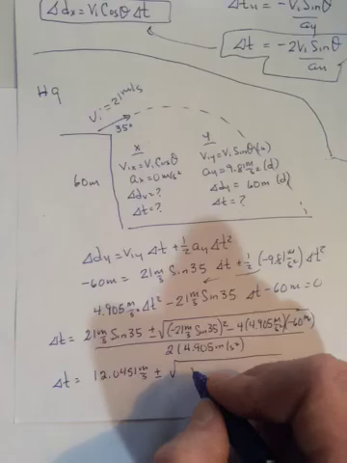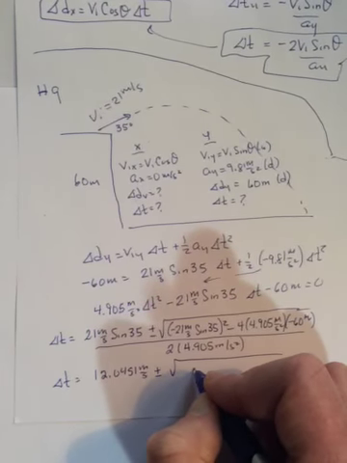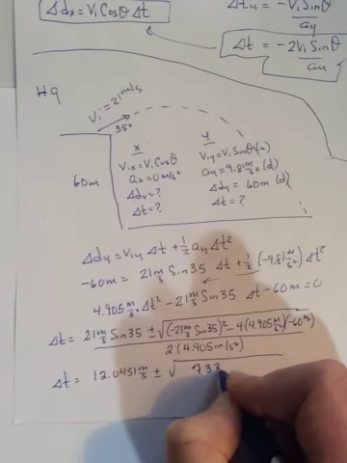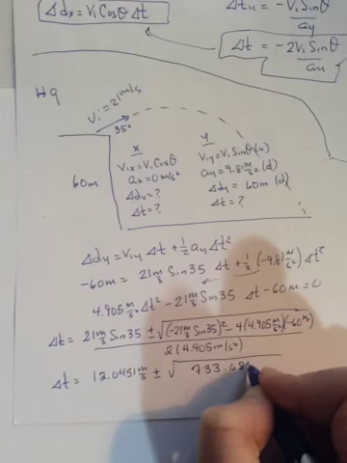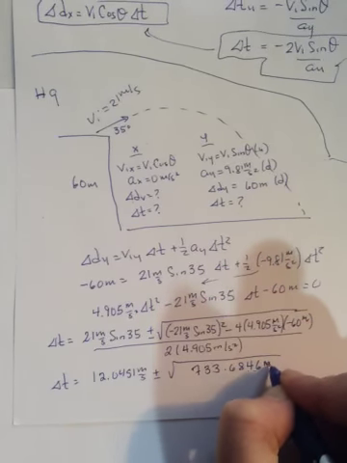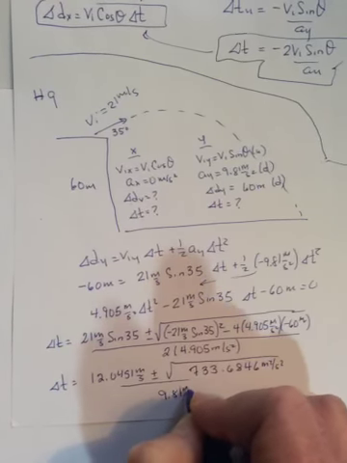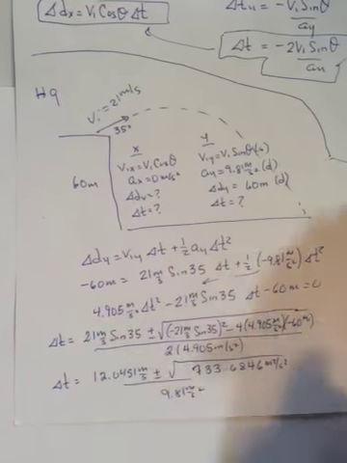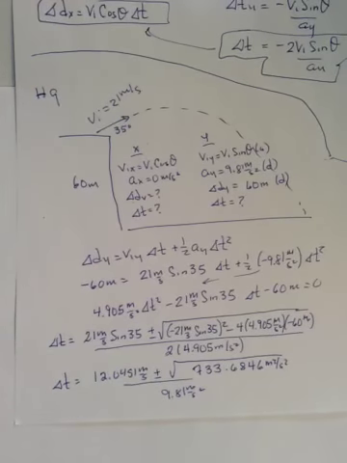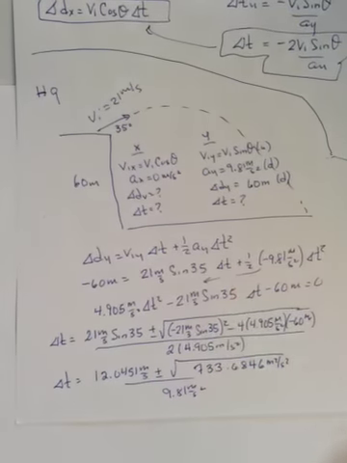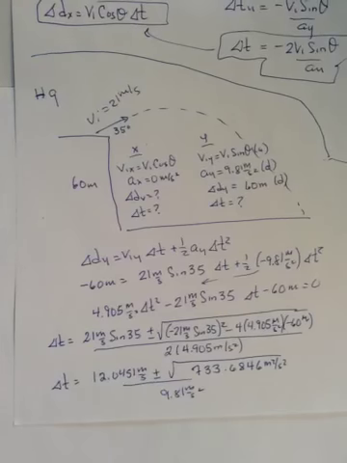So under the root, I think, unless I screwed it up, you get 733.6846 meters squared per second squared over 9.81 meters per second squared. And so when you take the square root of that, oh, I think I screwed it up. All right, let me try that again.